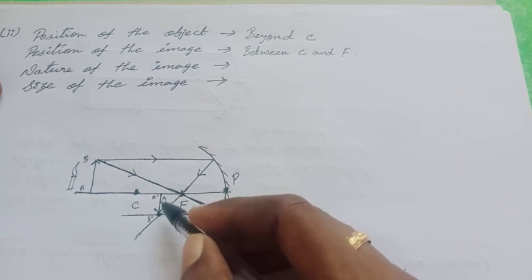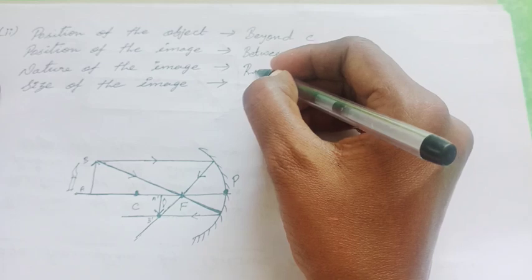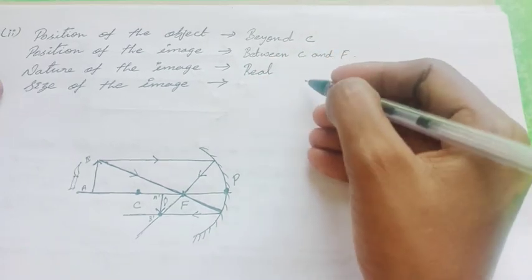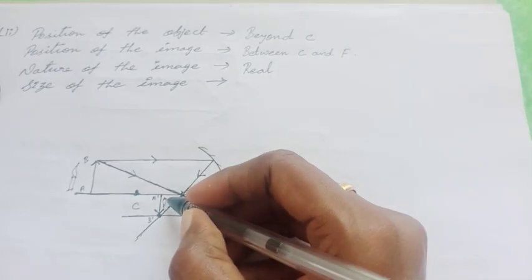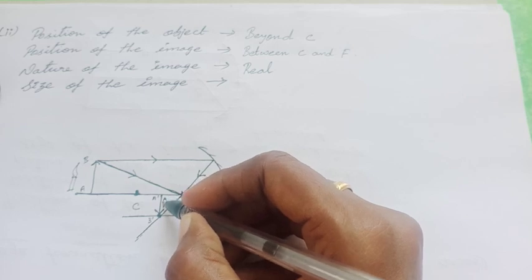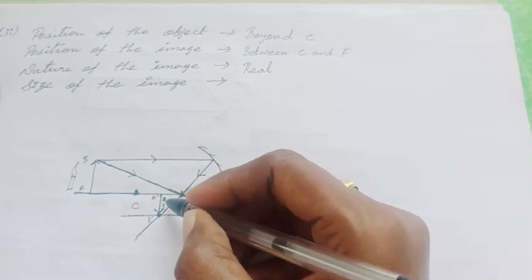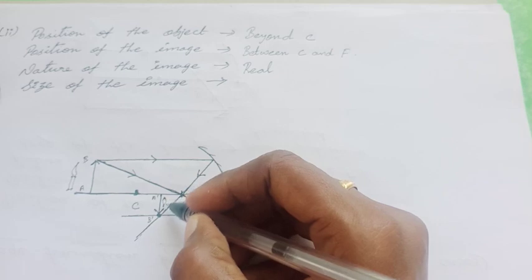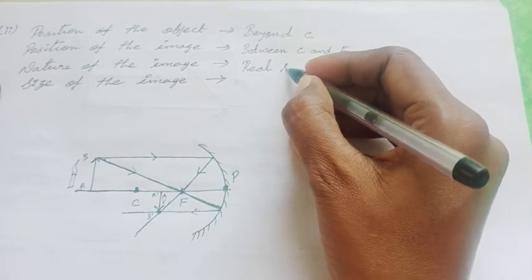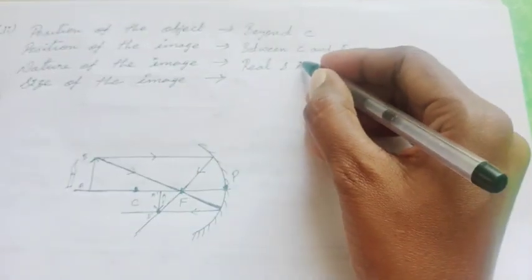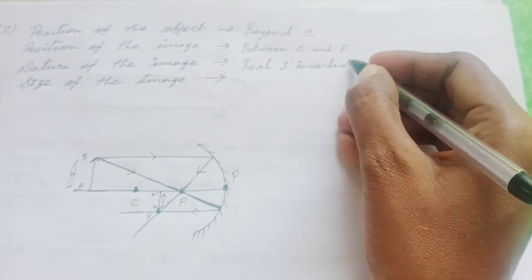So if the image is obtained on the screen, that image is called a real image. And see, here the image is inverted. So we will obtain the inverted position of the flame. So therefore the nature of the image is real and inverted. What will be the size of the image?